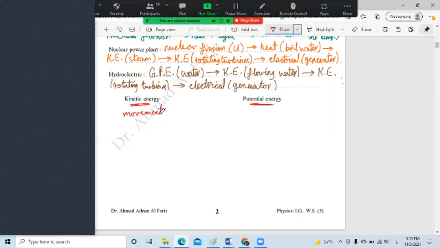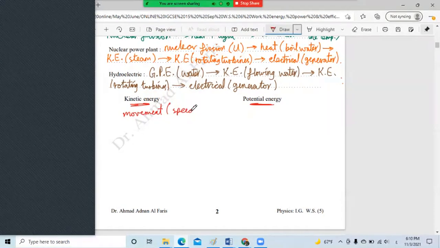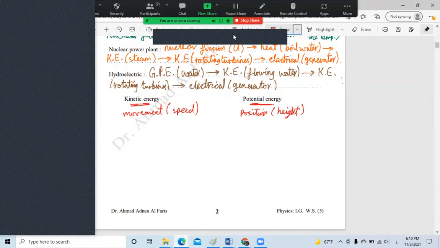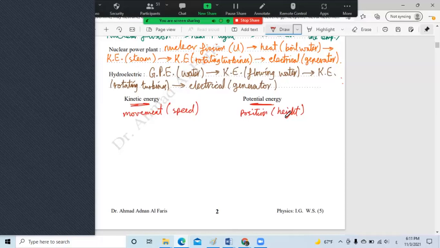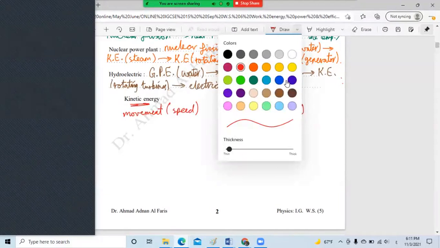So it's the energy of movement because it has speed. But potential energy is the energy of position. So any object that has a height relative to a standard, for example, the ground, the first floor, it doesn't matter where the location, the height from a certain point, we call it gravitational potential energy.